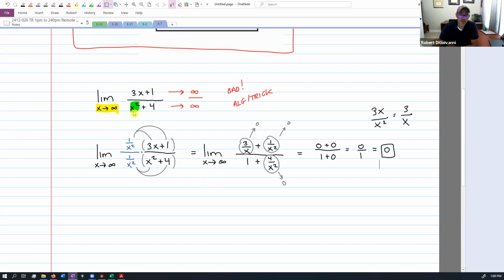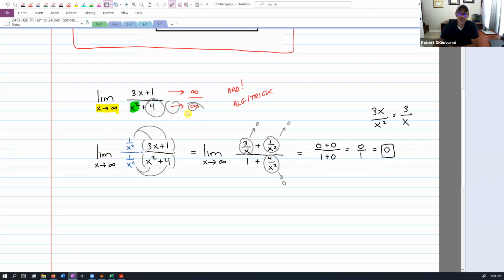What did this green term turn into? 1. 1, right? And what that means is that if the x squared was the highest power of x that I saw, then if I come in with a 1 over x squared, what can you tell me is going to happen to anything else that would have been down here if x squared is the highest power?